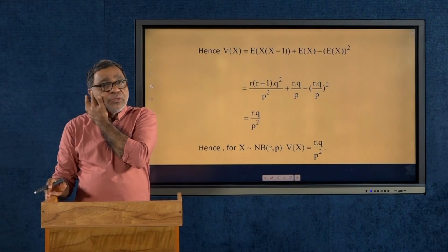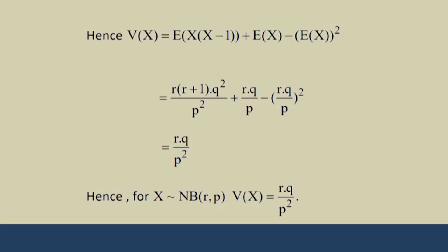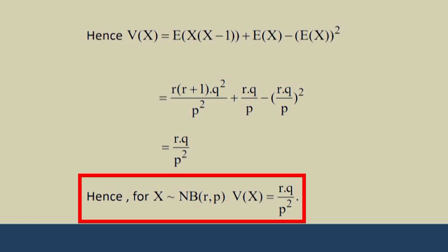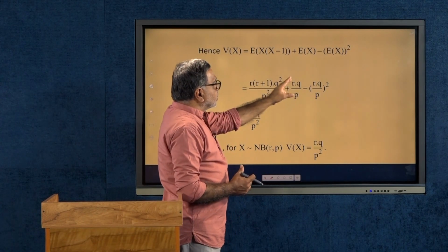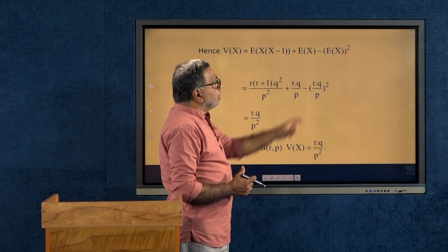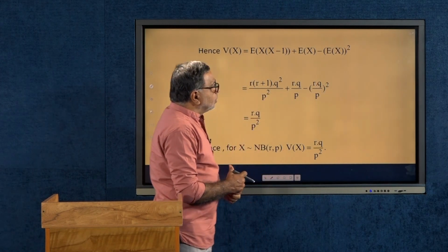We know the variance is equal to expectation of x into x minus 1 plus expectation of x minus the expectation of x the whole square. We already have the expectation of x into x minus 1 as r into r plus 1, q square divided by p square, expectation of x already calculated as r q divided by p, and expectation of x the whole square as r q divided by p the whole square.